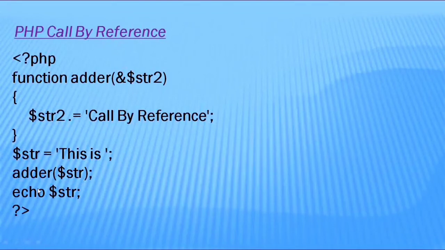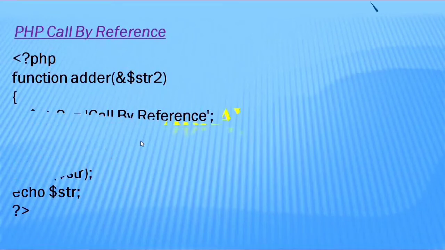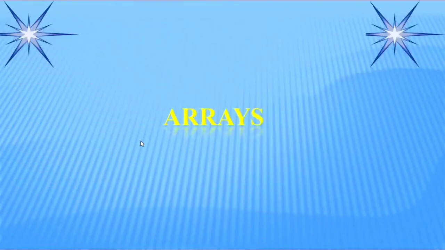So adder str, echo print str. Here in the example, the output prints both values. This is call by reference. The output is, this is call by reference value. That is concatenating the values. That means joining the two values. This is call by reference. Next topic is arrays.